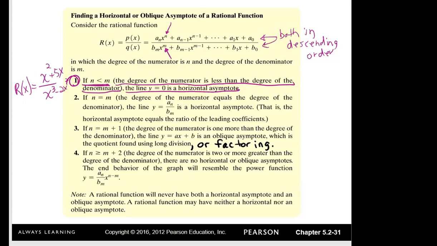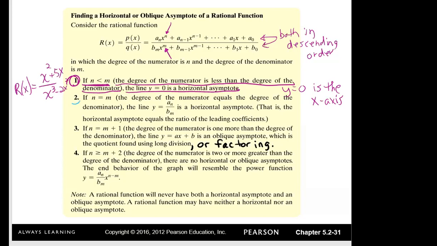The degree of the numerator is less than the degree of the denominator. Somehow you've got to remember this, write it down. Then y equals 0, which is actually the x-axis, remember? Y equals 0 is the x-axis. So whatever this graph looks like, I know it'll never cross the x-axis, for sure.